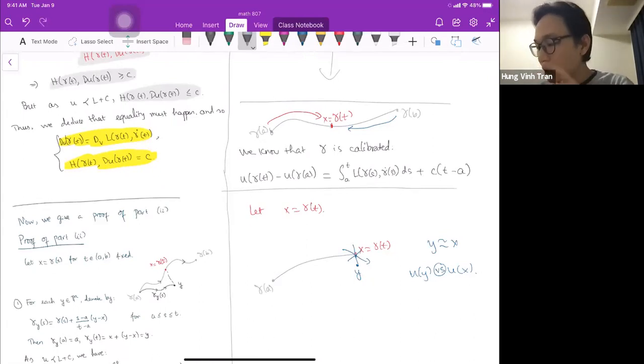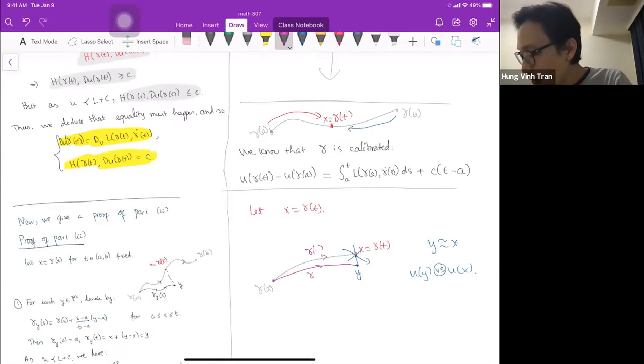Naturally, to explore y, I can think of trying to go from gamma a to y. I can make certain perturbations of the curve gamma, the original curve. Because y is close to x, I can use gamma to make certain natural perturbations to create a new curve gamma y connecting from gamma a to y.